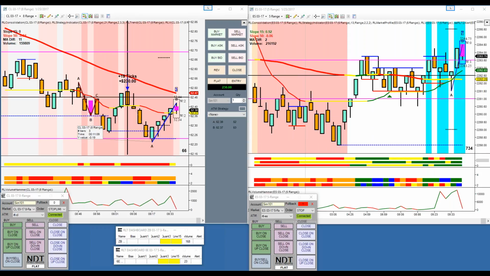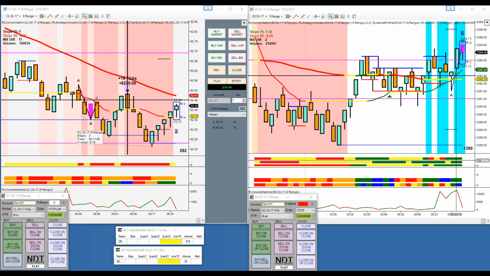Now we got a red, but they're just shifting around because of the instability at the open of the New York Stock Exchange. It's got that B pullback. Crude is pulling right back up into the point of control in the 50.